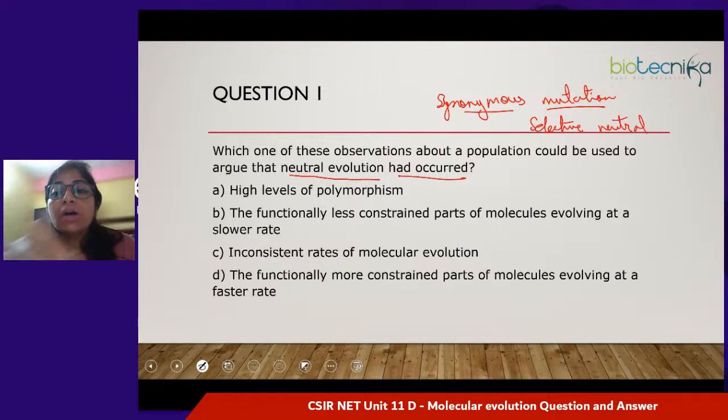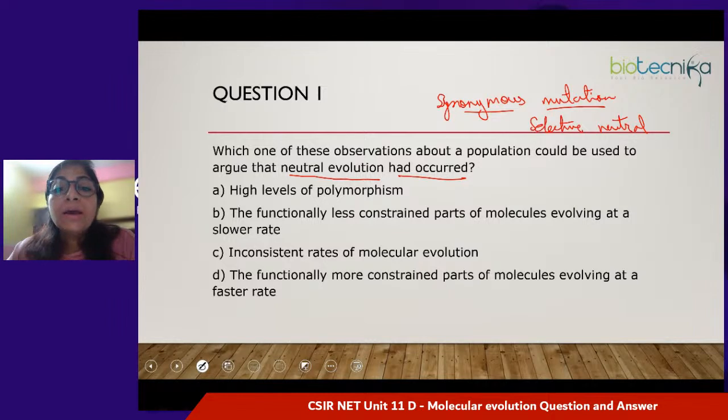So according to the theory of neutral evolution, most of the mutations are selectively neutral, and since they are selectively neutral, they do not change an individual's ability to survive or perish in the population.